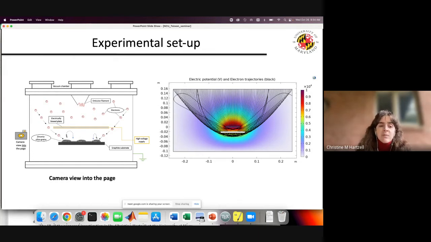And that electrically biased plate actually also serves to concentrate the charge from the emissive filaments on the particles that we're trying to move. And that's what this simulation on the right is showing. It's just showing some trajectories of electrons moving around this electrically biased plate and showing that they actually get focused on the dust particles on the graphite plate.